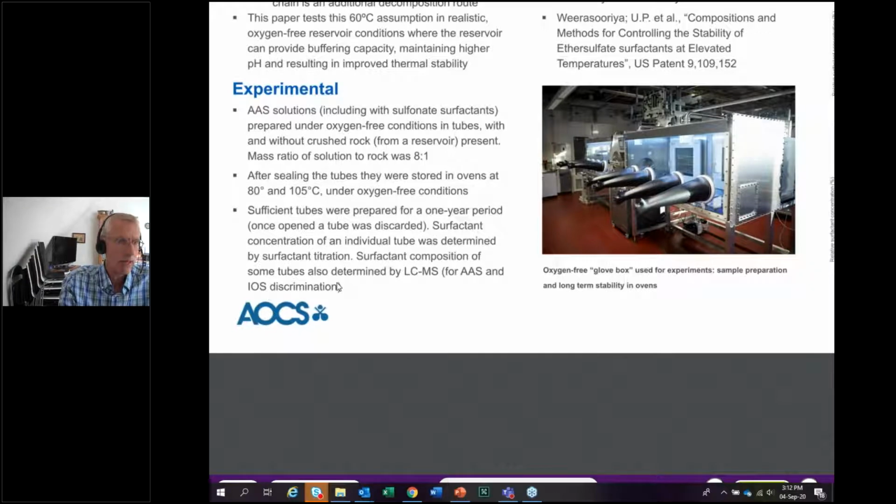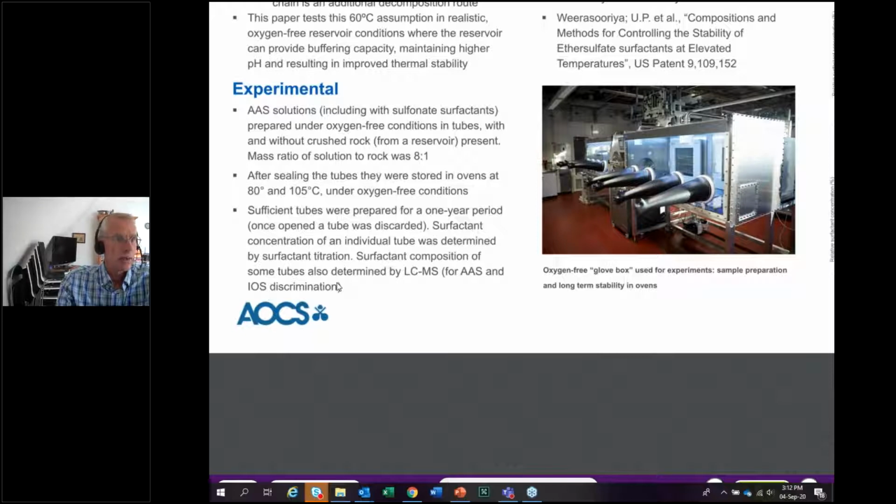And if you can stabilize the pH and keep it above 7, which all the data suggests is true, then you will have an in situ pH stabilization of the alcohol propoxy sulfate. So it won't go below pH 7, and you won't get this acid-catalyzed hydrolysis of the sulfate bond. So when we started these experiments, we thought that the reservoir rock would stabilize the alcohol propoxy sulfate compared to without the reservoir rock, and that was one of the purposes of the work.